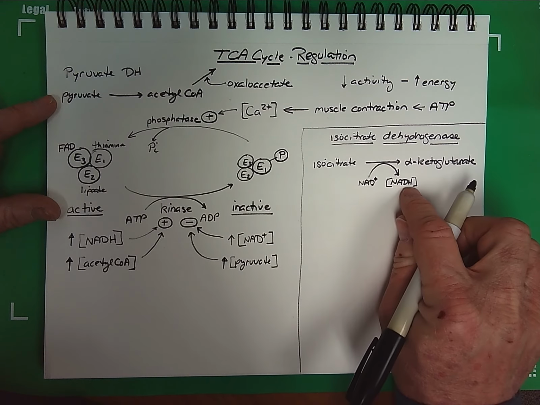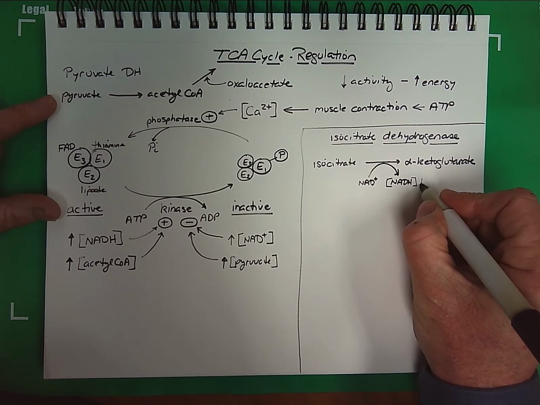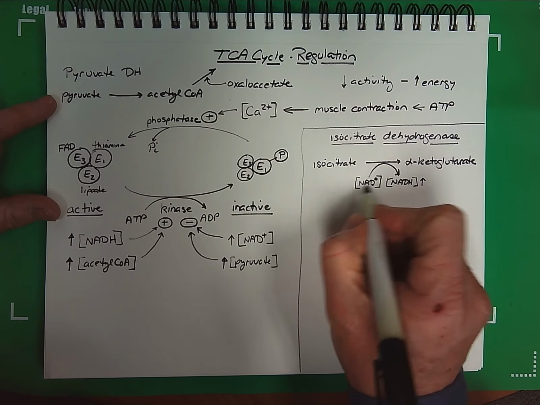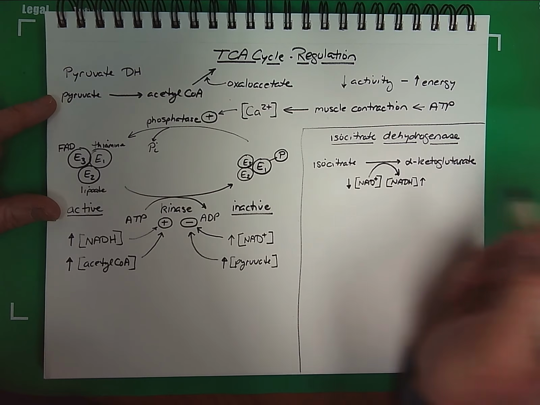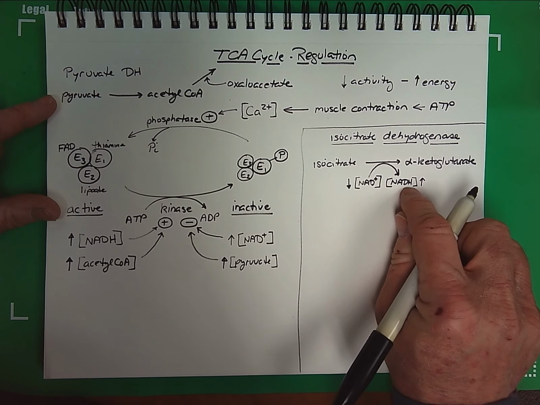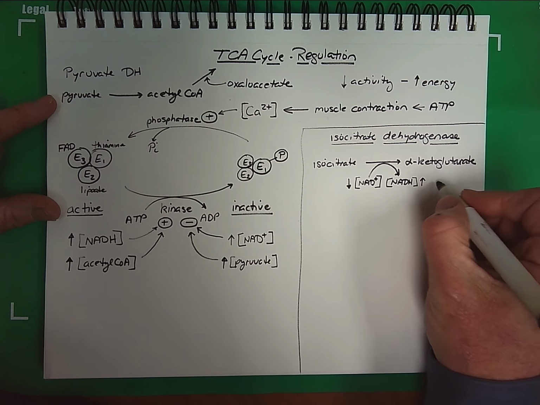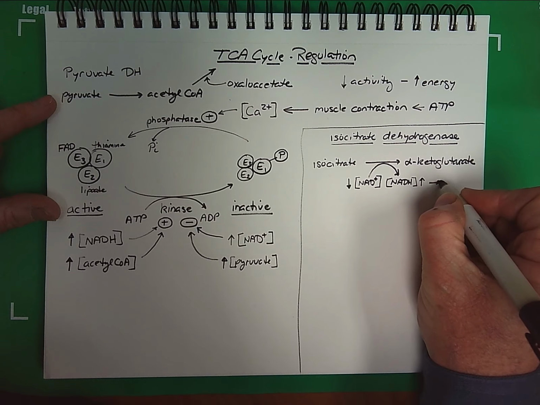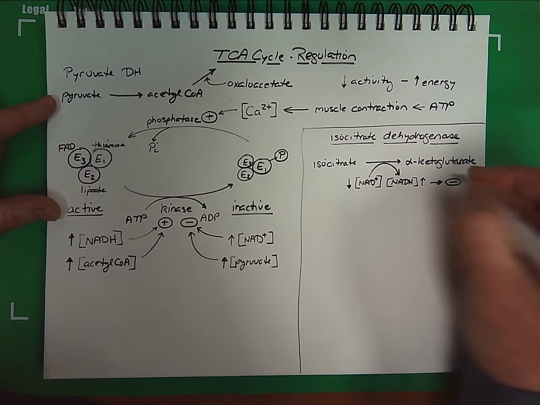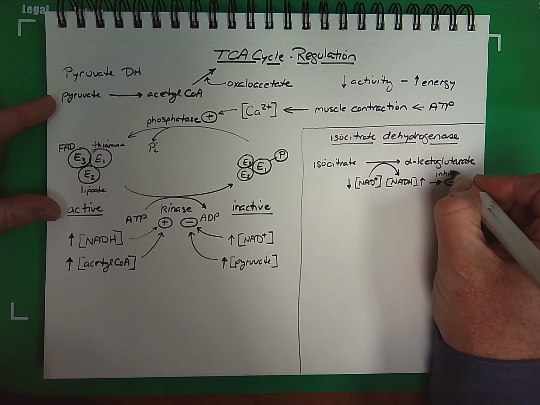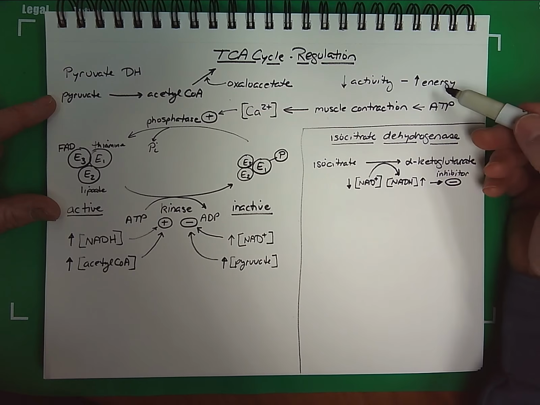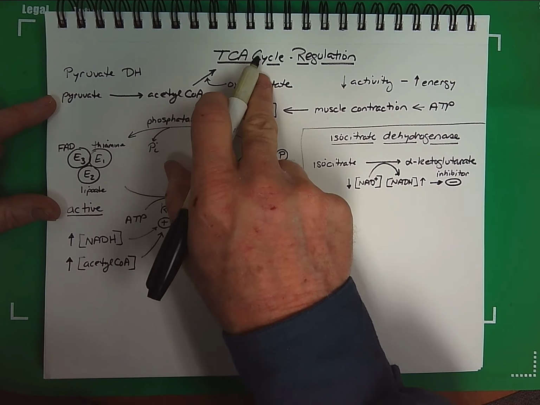As the NADH levels begin to rise, this also means that the limited supply of NAD is beginning to decrease. So the NADH, under these conditions, will be an inhibitor of the dehydrogenase. Again, as our energy levels rise, we want to slow the cycle down.